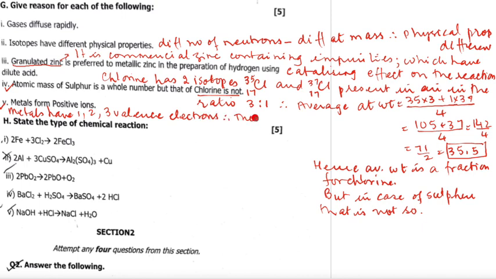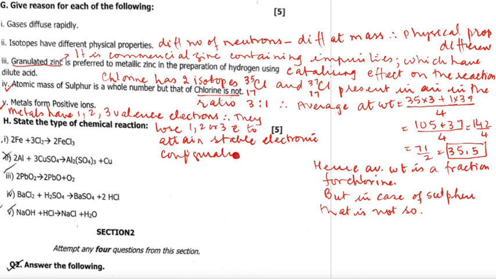Therefore, they lose 1, 2 or 3 electrons to attain stable electronic configuration of the nearest noble gas, and become positive ions.